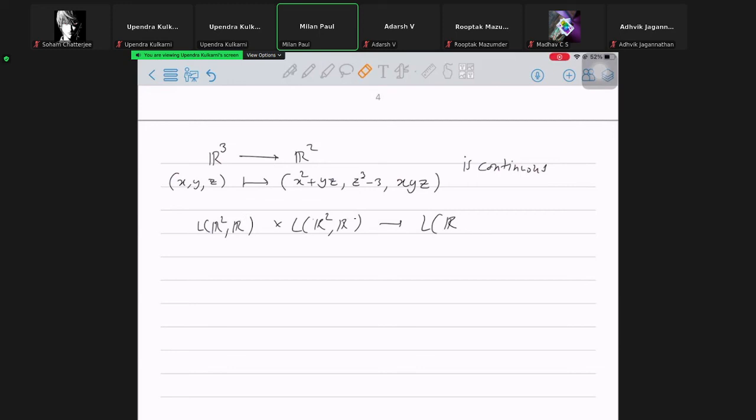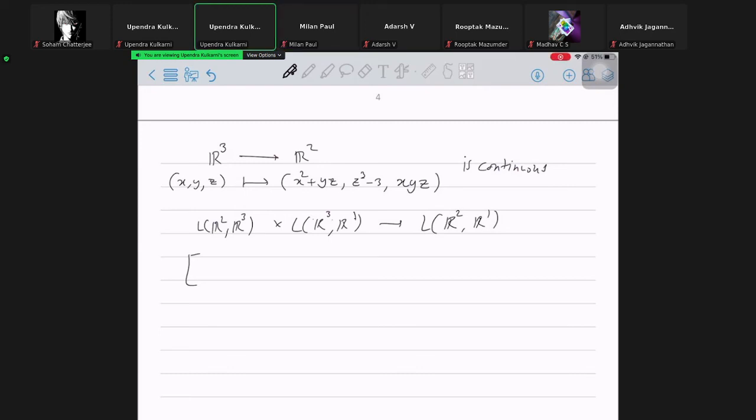But anyway, let's write this down once, just so that there is no mystery over here. So L(R2, R3) and L(R3, R1), I will get a map from R2 to R. So let's write this down explicitly. R2 to R3. So what kind of matrix will that have? How many rows and how many columns? 3 by 2, right.